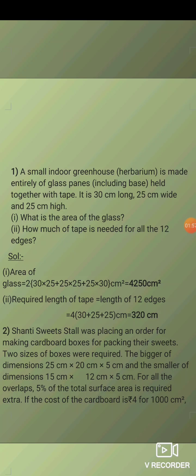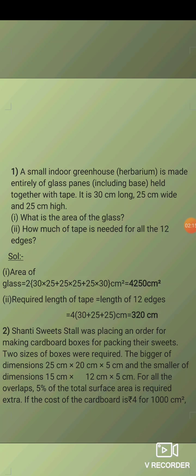Now the second question, how much tape is needed for all the 12 edges? So we know a cuboid has 12 edges, that is, 4 length, 4 breadth and also 4 height.